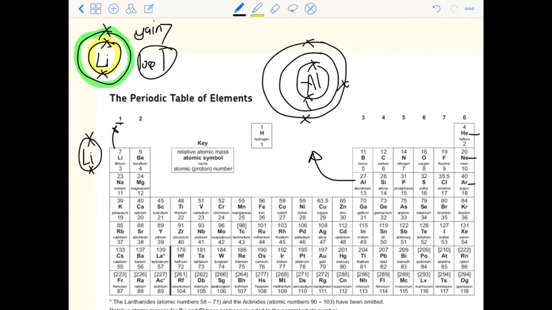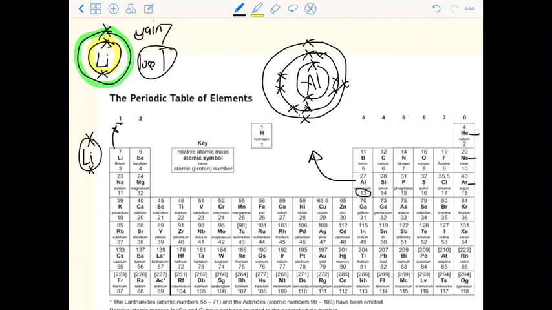So the first shell has 2, the second shell will have 8, and the third shell has those 3 electrons. I can double check this because I know that an atom of aluminum will have 13 protons, so it'll have 13 electrons. So I can count them quickly: 1, 2, 3, 4, 5, 6, 7, 8, 9, 10, 11, 12, 13. So that all makes sense.